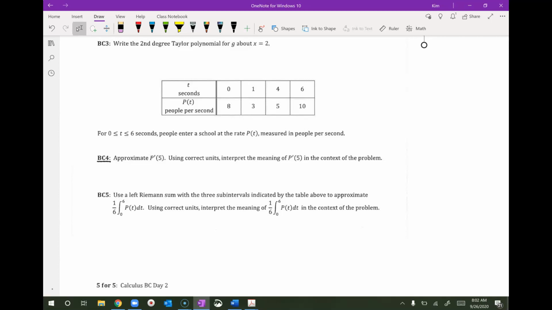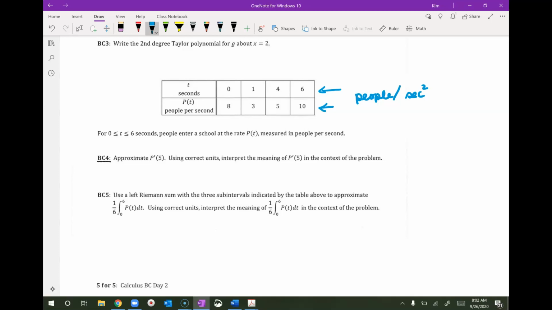So if we do a change of people per second over a change in time, your units are going to be people per second squared. And hopefully you realize that that sort of sounds like acceleration. That's like an increase in the rate or a decrease in the rate. This is already a rate, and you're looking to see what the rate itself is doing.